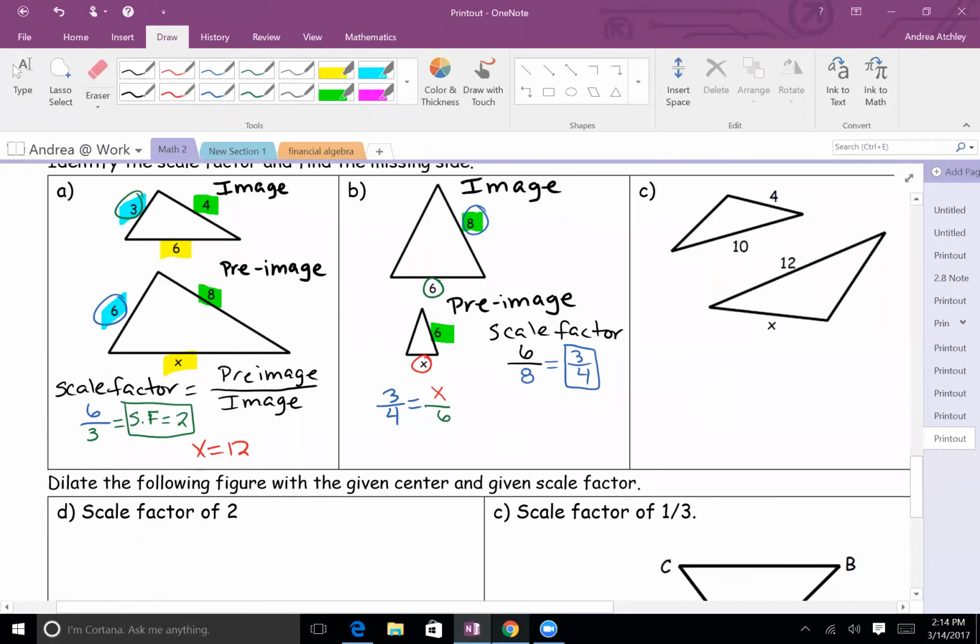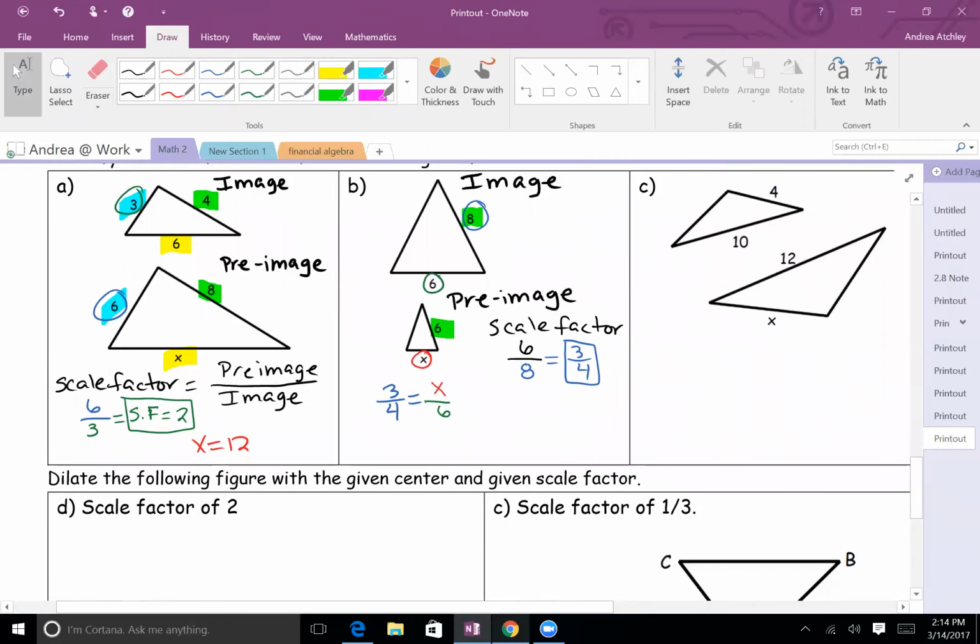And you're going to cross multiply. 6 times 3 is 18. And then 4 times x is 4x. You're going to divide by 4, divide by 4. And you're going to get x equals 4.5.